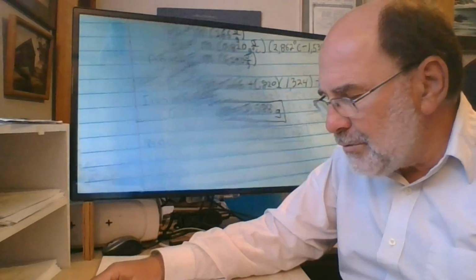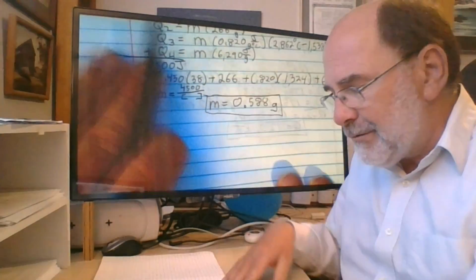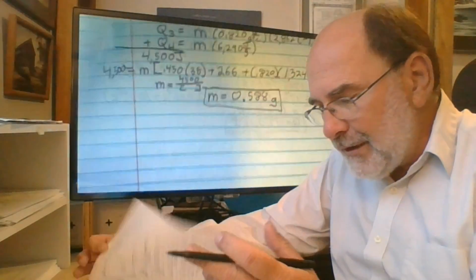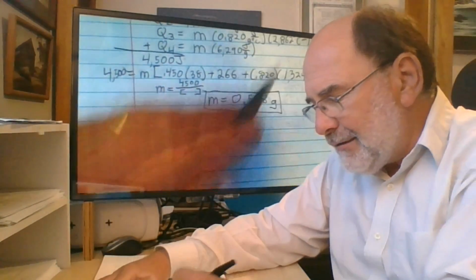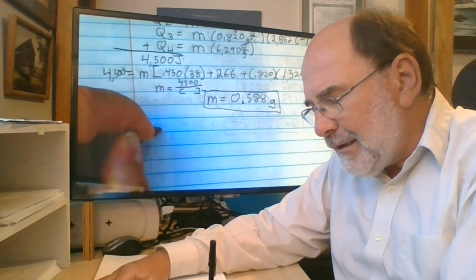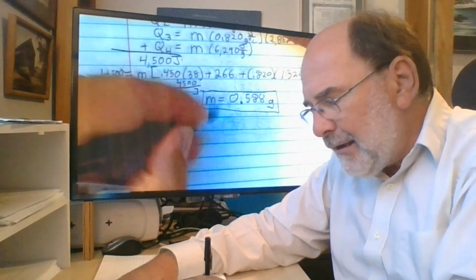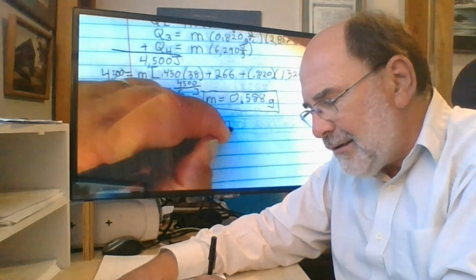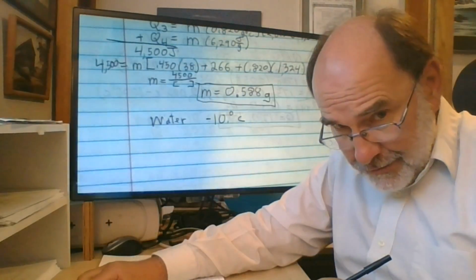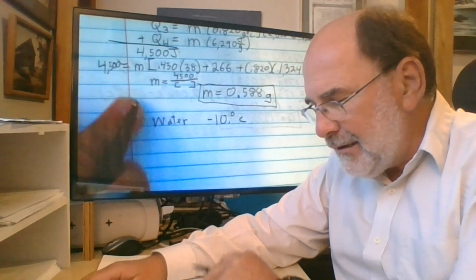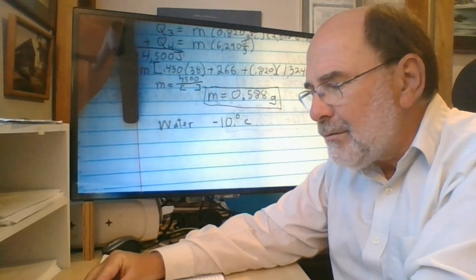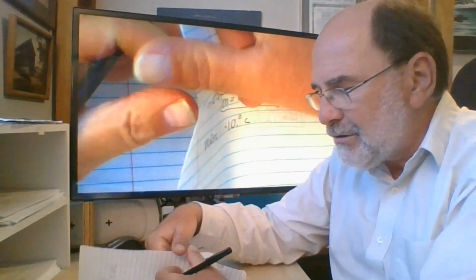Okay, I did want to try one more example. No, you do this. So here, let's do a practice one for you. Water, your favorite substance. Calculate, please. For water, if I start at negative 10 degrees Celsius and I heat that water, how much?